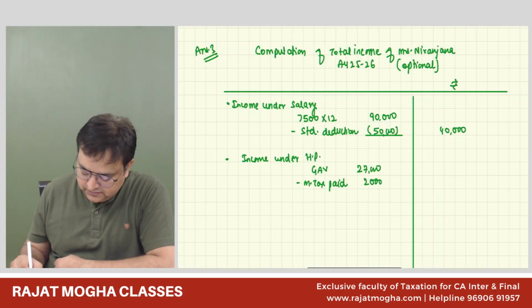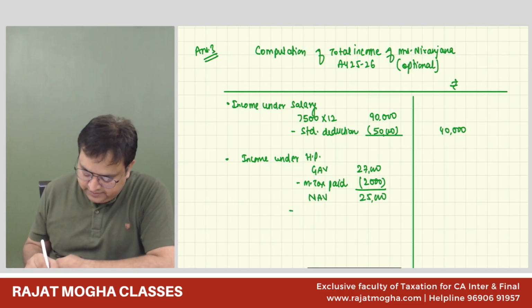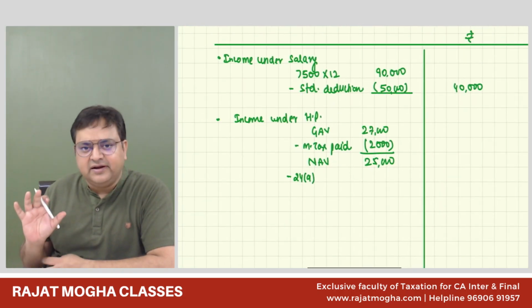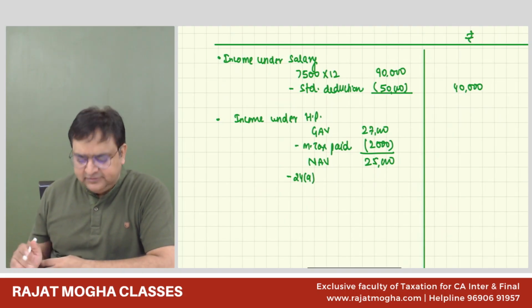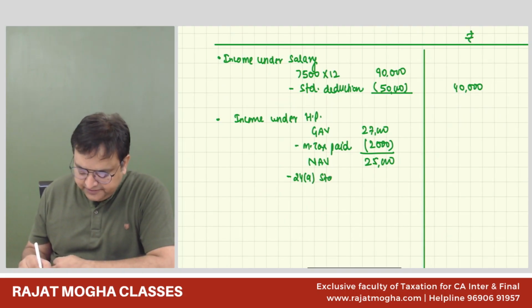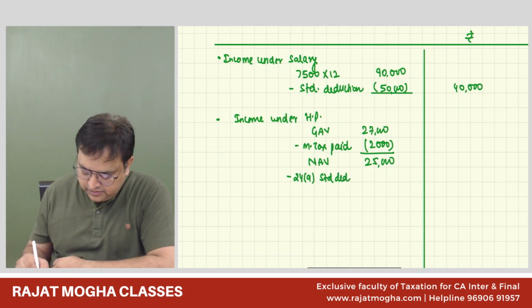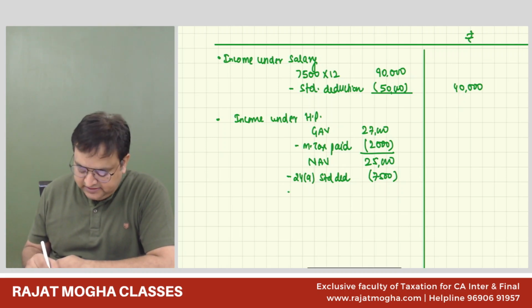So our NAV would be 25,000 minus 24A. If you don't remember 24A in your examination, but I think that now you will be able to remember it. If you don't remember, forget about the section number. Simply give standard deduction 30%, 7,500. Correct. And there is a loan also.